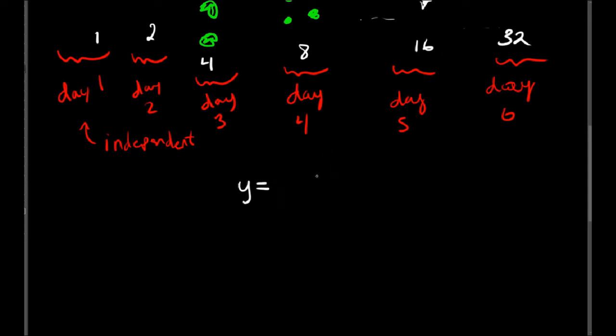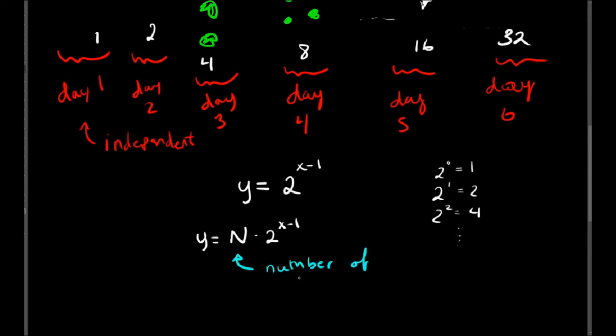And you can check that by just plugging in numbers. If I plug in 1 day, 2 to the 0 power is just 1, so I get 1. I plug in 2 days, I get 2 lily pads. If I plug in 3 days, I'll get 4, and you can check that yourself and make sure that pattern holds true for every day.